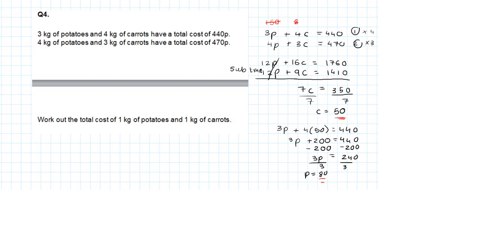Let's try that. 3 times 80 is 240. 4 times 50 is 200. So that's 440. It works. 4 times 80 is 320, and 3 times 50 is 150. Works here. So it's correct as well.